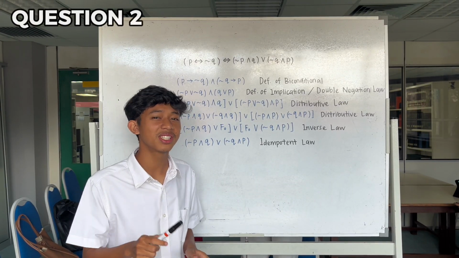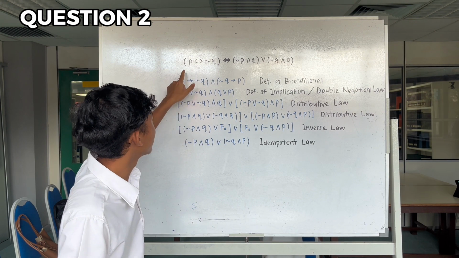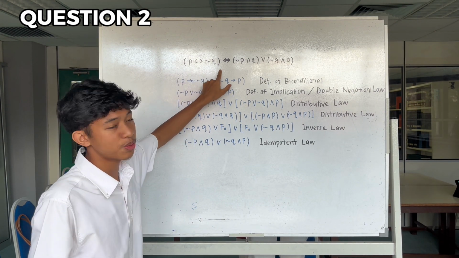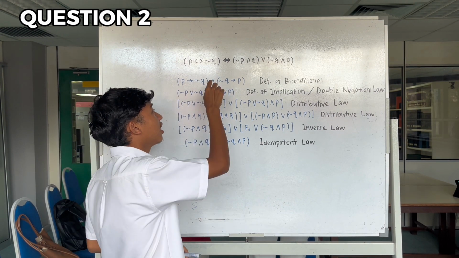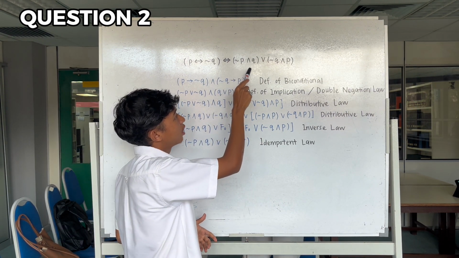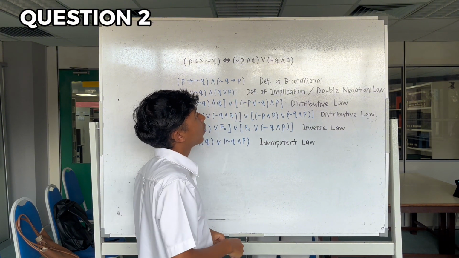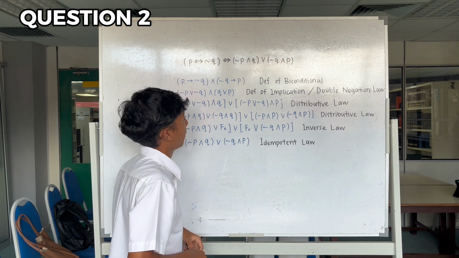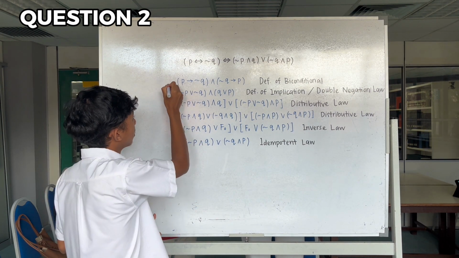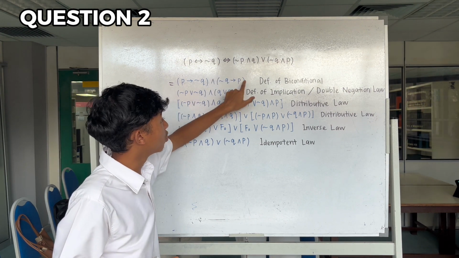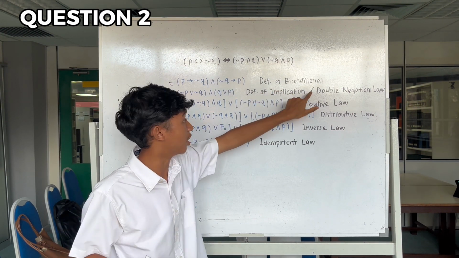Okay, next, question 2. Question 2 is: open bracket P biconditional negate Q close bracket is logically equivalent with open bracket negate P and Q close bracket or open bracket negate Q and P close bracket. First, we know this is a biconditional, so we use the definition of biconditional.